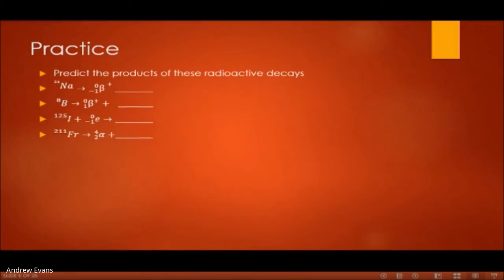Boron-8 yields positron and what? Let's see. Iodine 125 plus electron capture gives you what? Francium 211 undergoes alpha decay to give alpha and what?